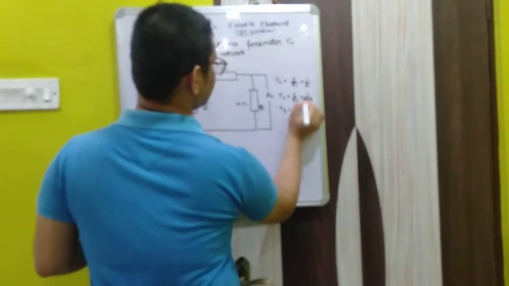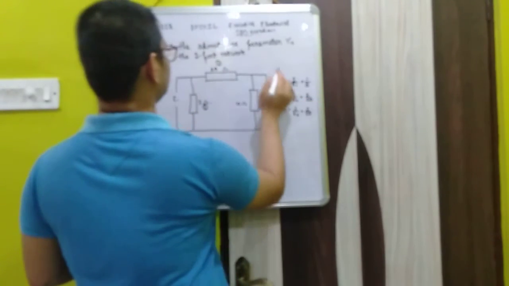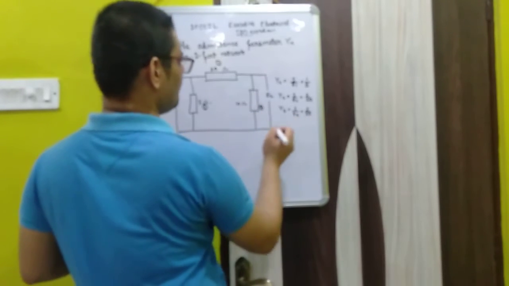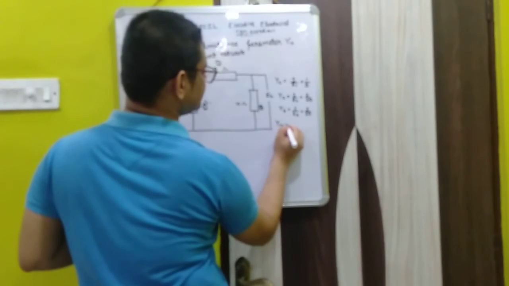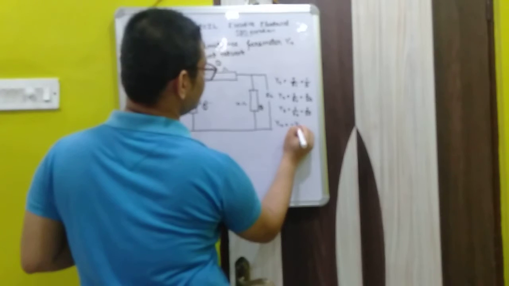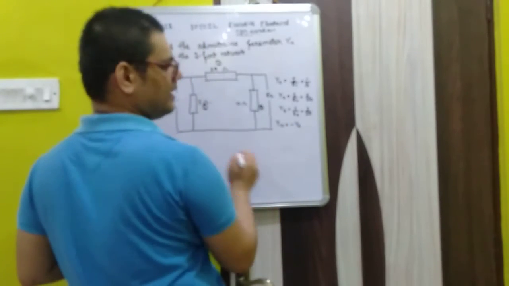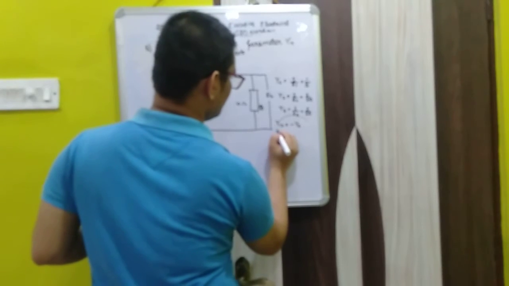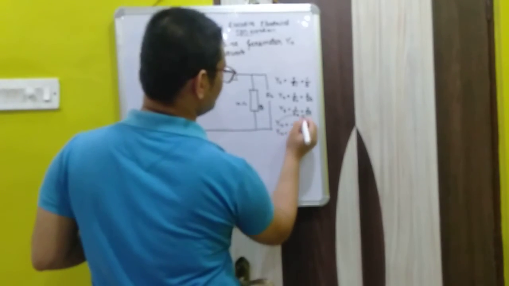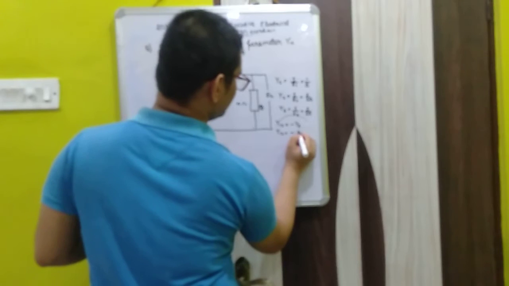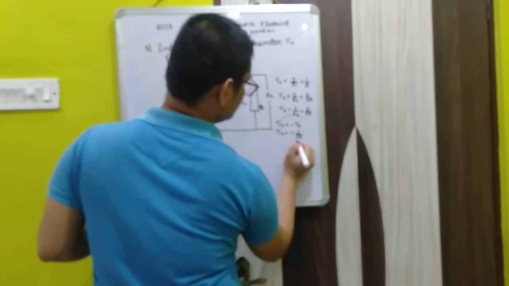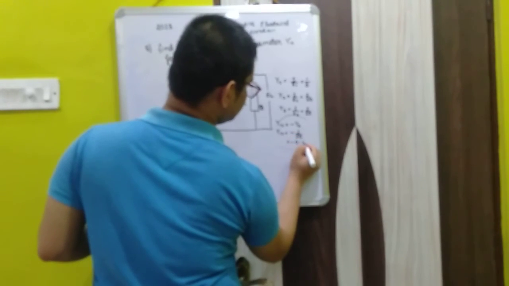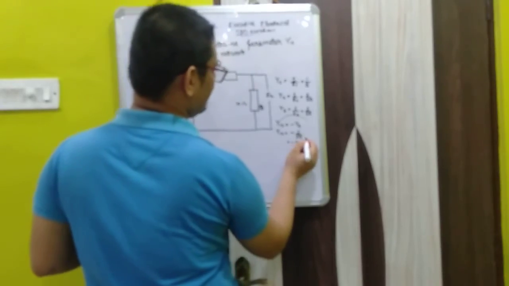In this case, there is a shortcut method we have used to calculate Y12. So Y12 will be nothing but minus Y2. This is just a shortcut method of calculating. So Y12 is minus Y2, which is 1 by 20, so it will be minus 0.05 as the final answer.